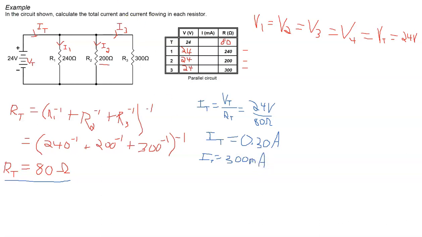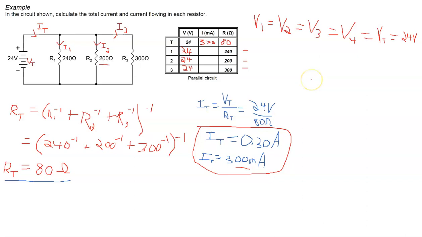And so we also need to think about the fact now that Kirchhoff's current law tells us that the sum of the currents I1, I2, and I3 will now be equal to 300 milliamps, right? So in my table up here, we have indicated here that the unit should be milliamps, and so let's put 300 in there.